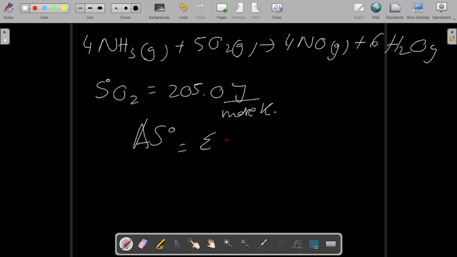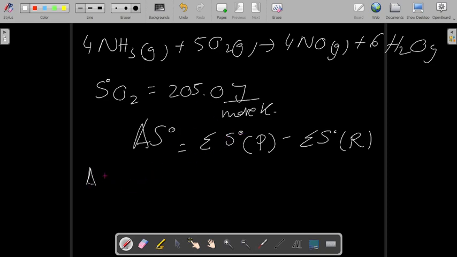That was a summation of the entropies at standard conditions for the products minus the summation of all those entropies for the reactant side. So that means you have to go in and use table 13.3 on page 544 to find those standard entropies for the different players here.